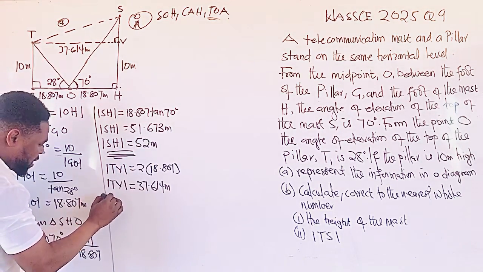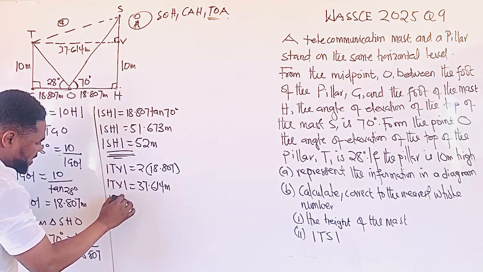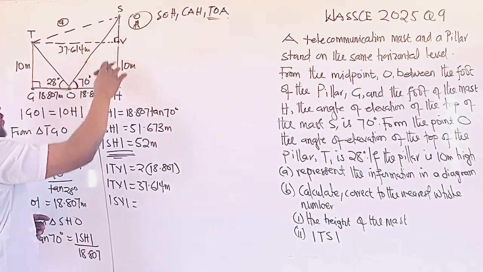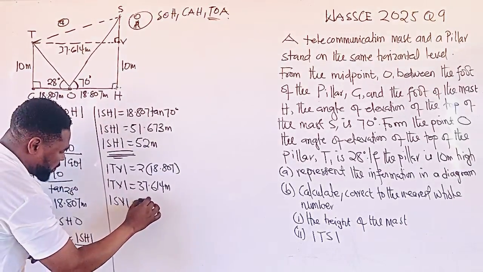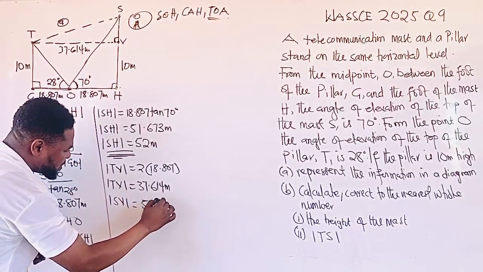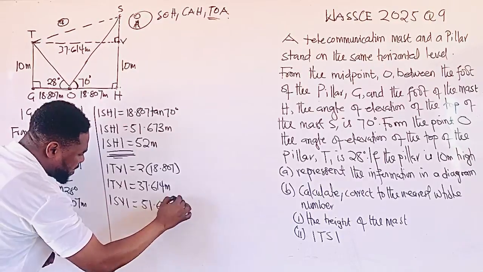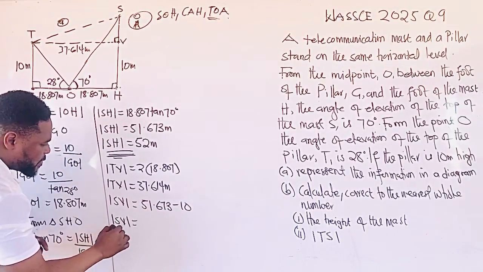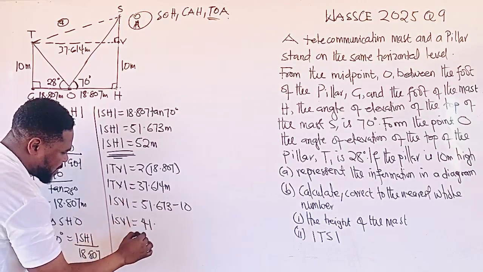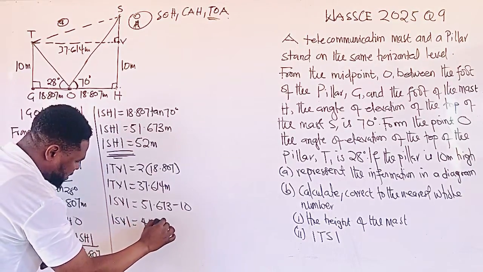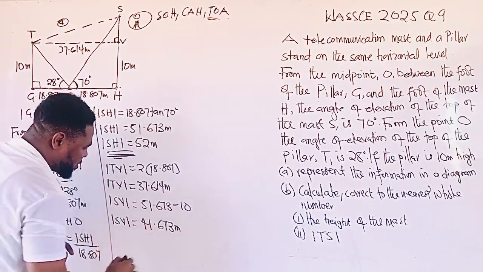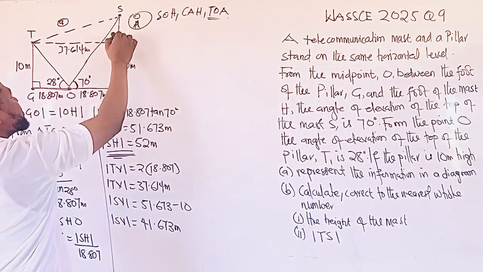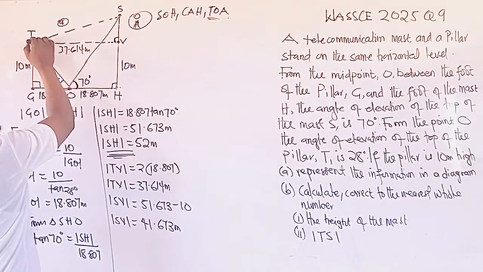Therefore, for us to get SV, we are going to subtract the 10 from the total distance. So 51.673 minus 10. Therefore, our SV will give us 41.673 meters.